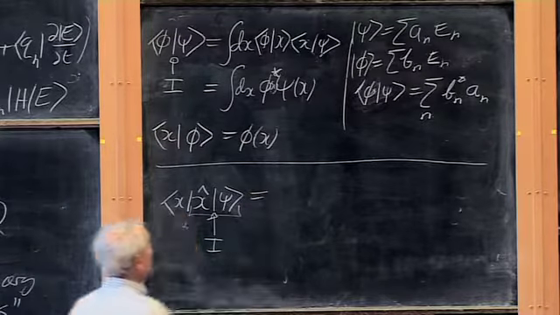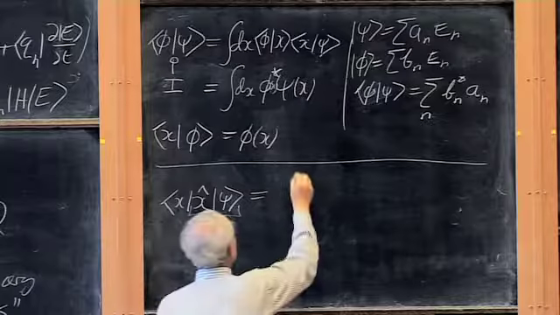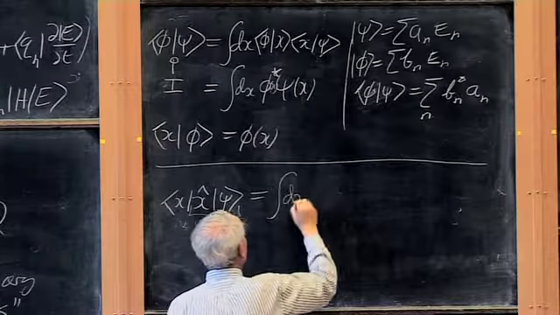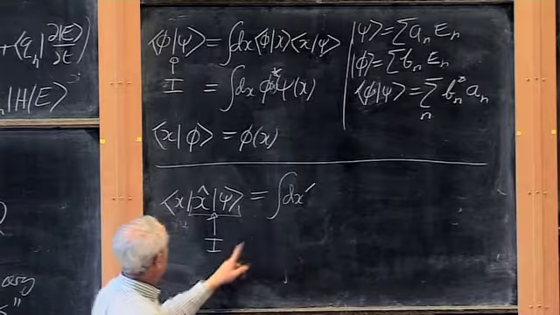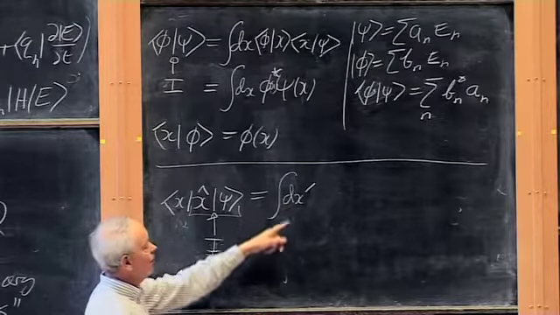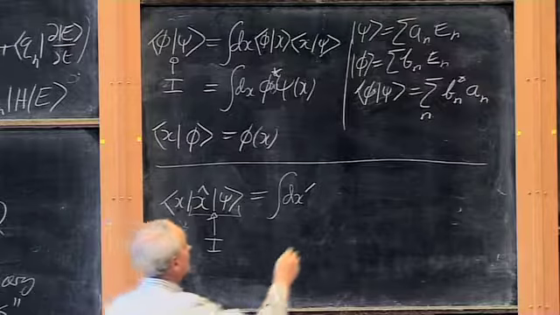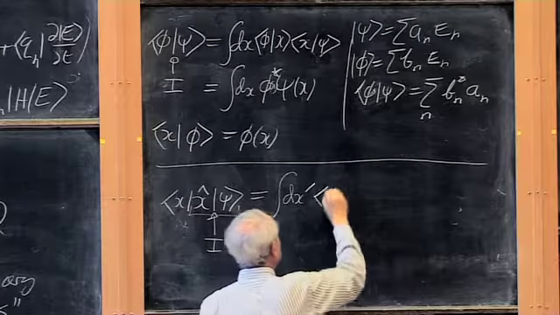So in order to understand what this is, we slide into here one of these identity operators. X is busy, so my identity operator is going to have to be a sum over x prime, some new, independent value of x.